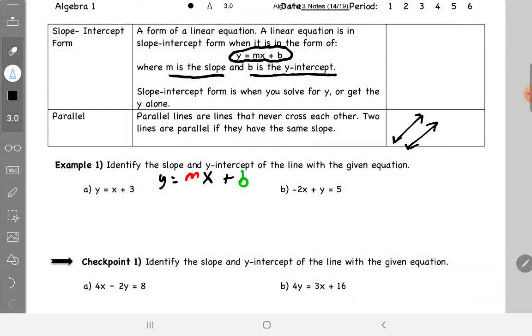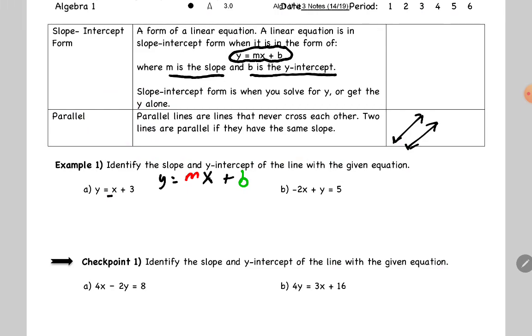So, part A, identify the slope and y-intercept. Okay, so we have y equals x plus 3. So when we have no number there, it's not 0. Because if we plug in 0, y equals 0 times x. 0 times x is 0. So that would just be gone.